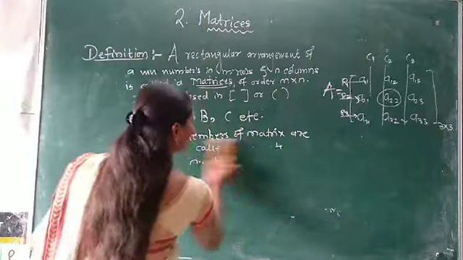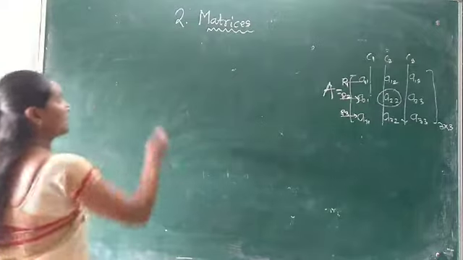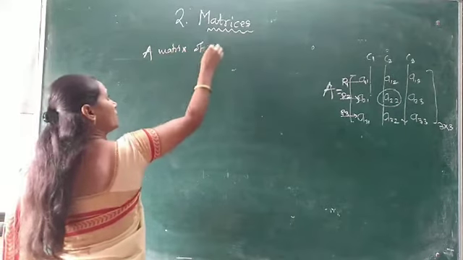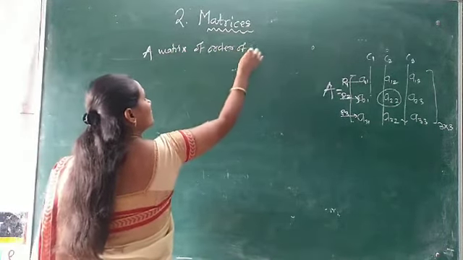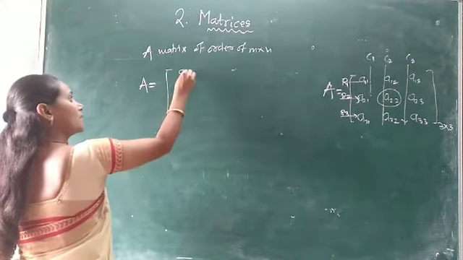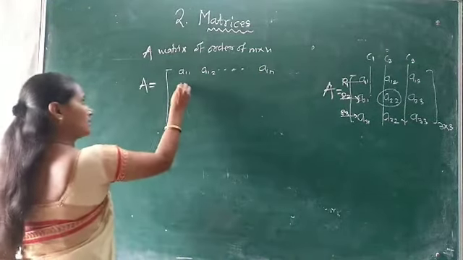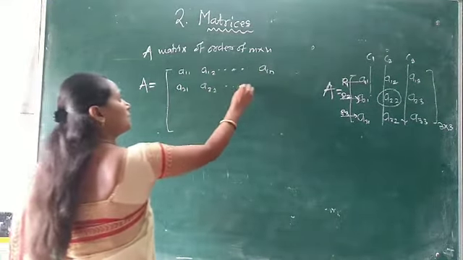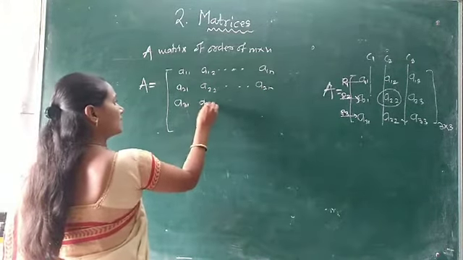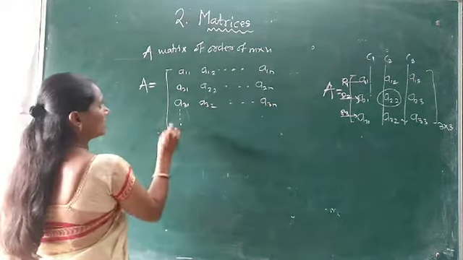Generally, a matrix A of order m by n is denoted as A equals A11, A12 and so on up to A1n, then A21, A22 and so on up to A2n, A31, A32 and so on up to A3n.